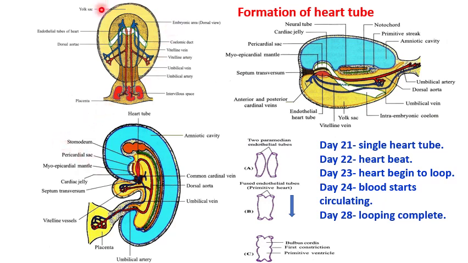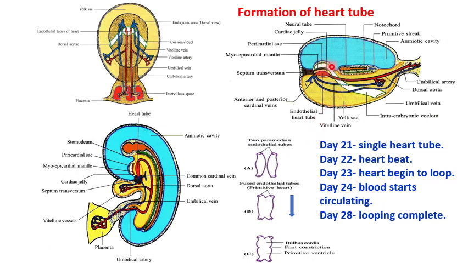So this is where the folding of the embryo hasn't yet occurred. So this is the sagittal section. If you come from dorsal to ventral, these are the structures you find.